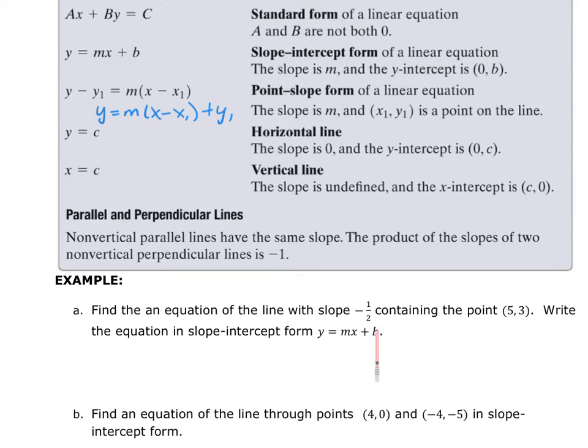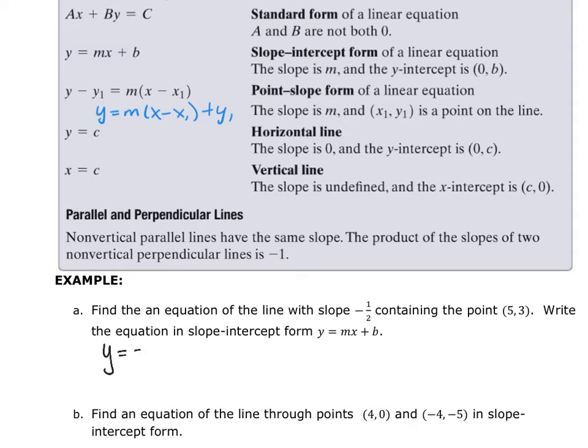Now, some of you may be familiar with using this form right out of the gate and then putting in your m and your x and your y here and solving for b. I don't have a problem with you all doing that. It just means that you're going to have to take an extra step of putting it back into this form. If you use this one, it's already almost ready to rock and roll. It's just a little bit of simplification. So, with that said, I'm going to use that modified form.